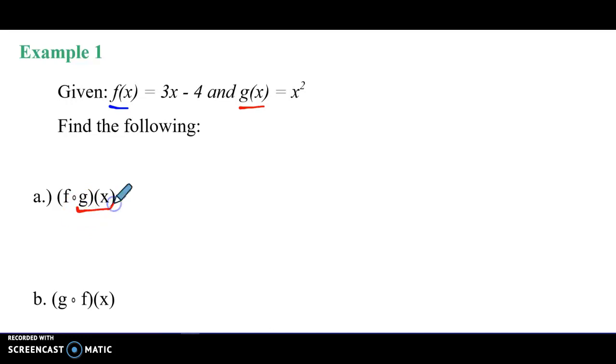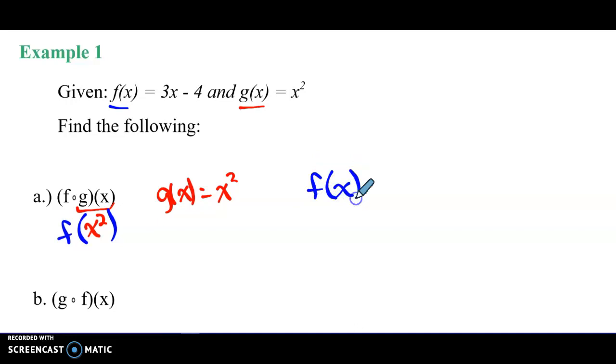G of x is equal to x squared. So I'm going to end up having x squared. And now I am going to replace that function into f. So now I use my function f of x, and it's going to be x squared, right?